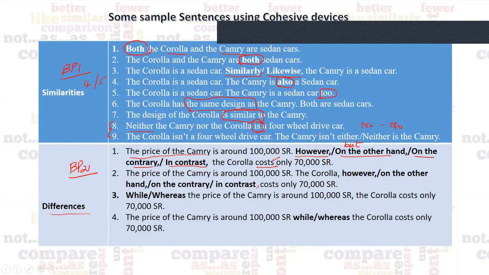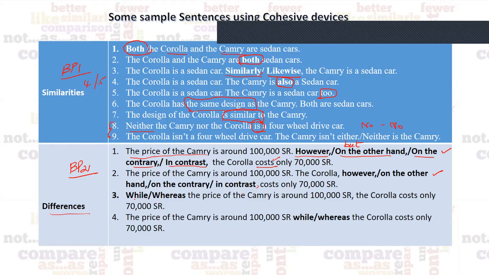Clear? So this model you can use once and this model you can use once. Why don't you use like 1, 2, 3, 4, 5? No, show a variety. Impress the examiner that you know how to use a variety of sentences. So naturally, you will get more marks.